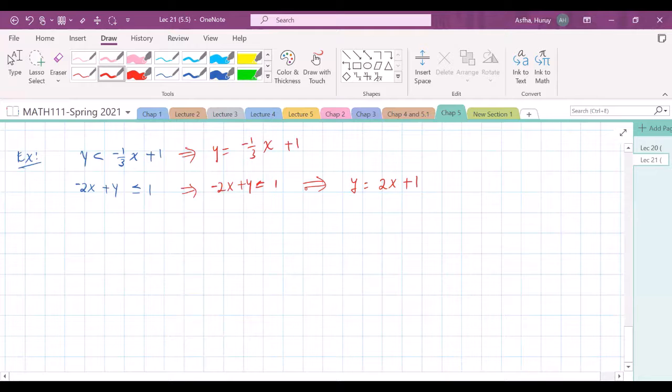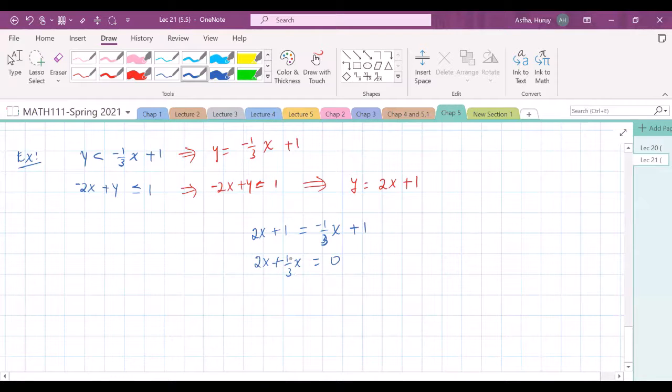Now how do we solve these two linear equations, or this system of linear equations? If we take this as a system of linear equations, we know how to solve it, and we can use the substitution method because it is easier to use in this case. I will plug this term in place of y in here. So we have 2x plus 1 equals negative 1/3 x plus 1. So we bring this together. So we have 2x plus 1/3 x equals 1 minus 1, the constants cancel out.